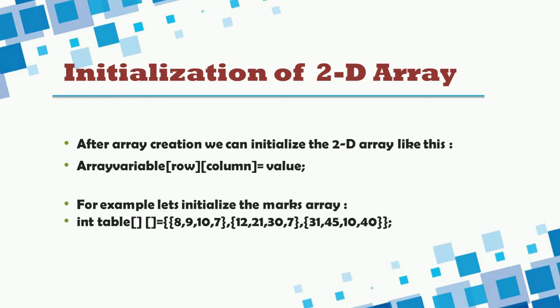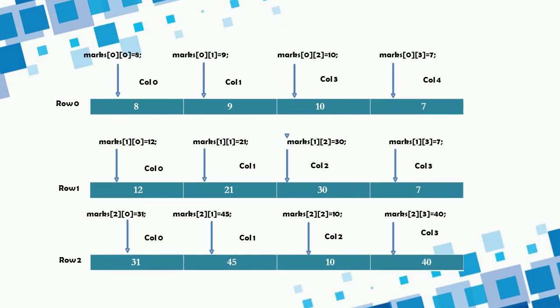Here there are 3 curly brackets, which means 3 rows. And each has 4 values, which means 4 columns. So like this you can initialize. After initializing, you can see the values will be located according to the size of the array.